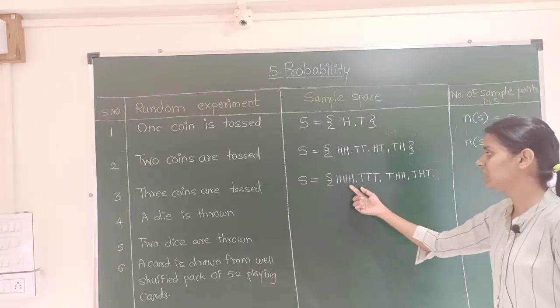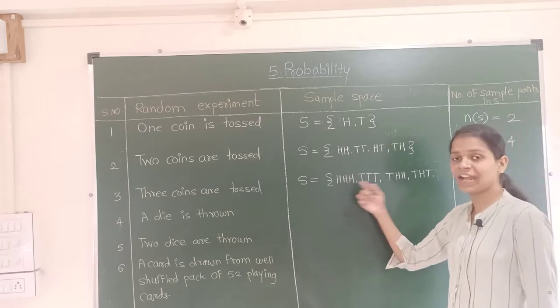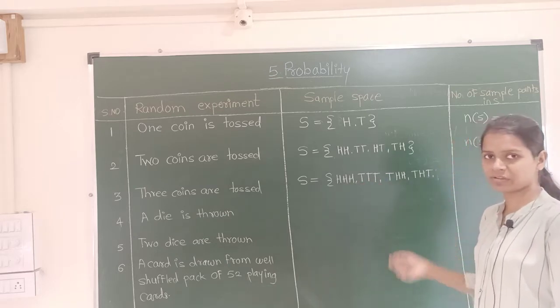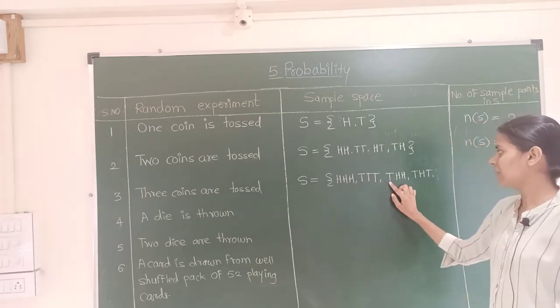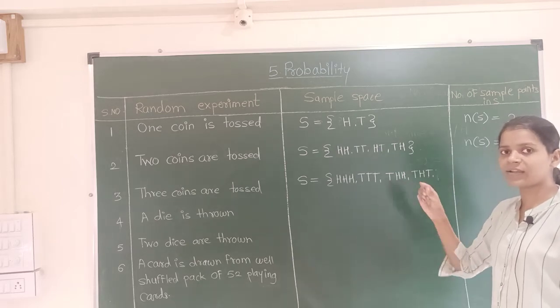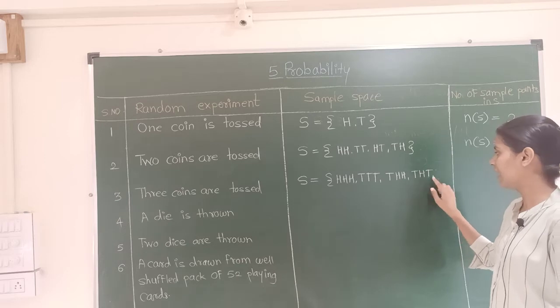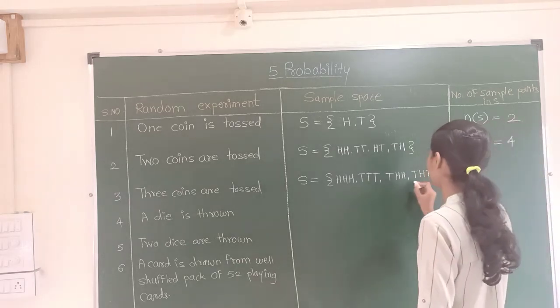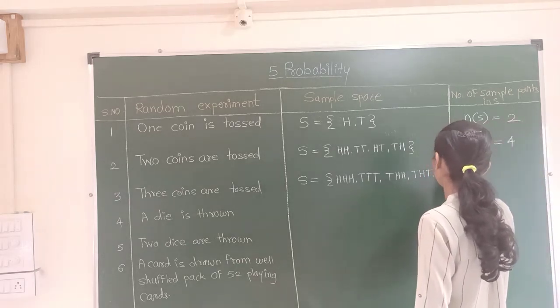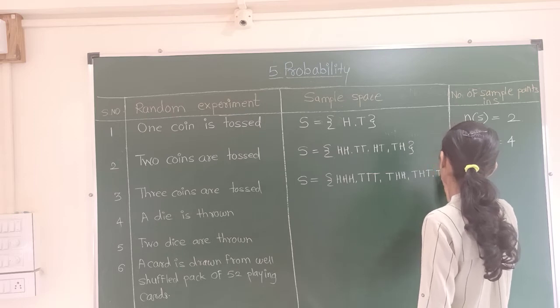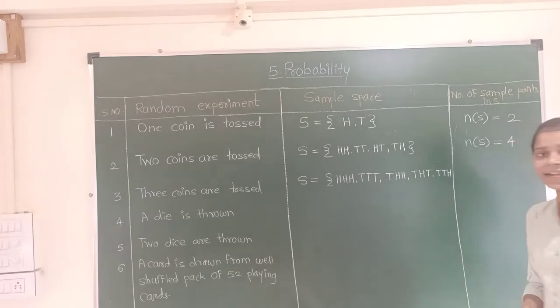There will be HHH, head for 3 times, tail for 3 times, then 1 time tail, and for the second and third coin the upper face will be head, then head or tail, head, tail. After that we will write TTH, that is tail, tail and head.